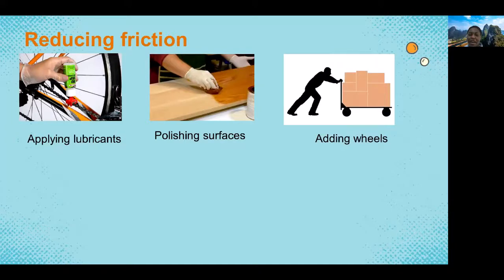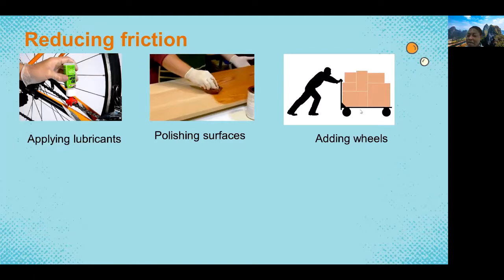And this one, adding wheels. Can you imagine this person pushing this thing without wheels? What will happen? The box is being pushed forward without these wheels here. Pushing will become very difficult. A lot of friction will occur.